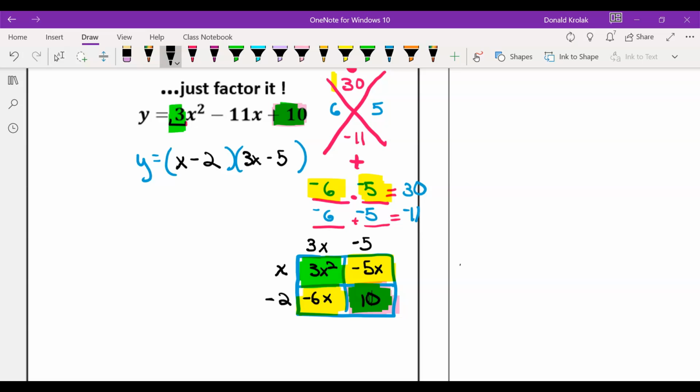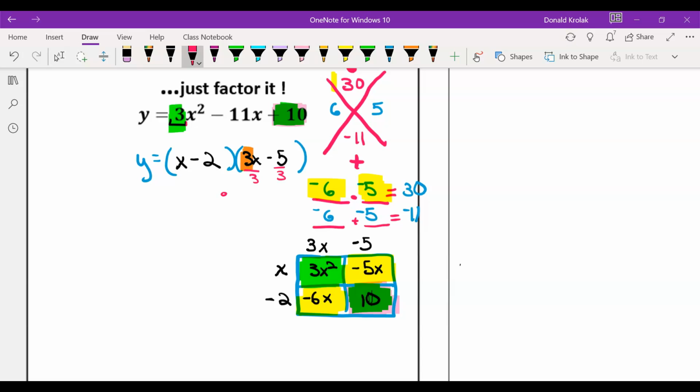Now the only thing left to do is we're not allowed to leave this form. That can't remain a 3. We've got to change that to a 1. In my head, really what I'm doing is I'm dividing this by 3 and that by 3.